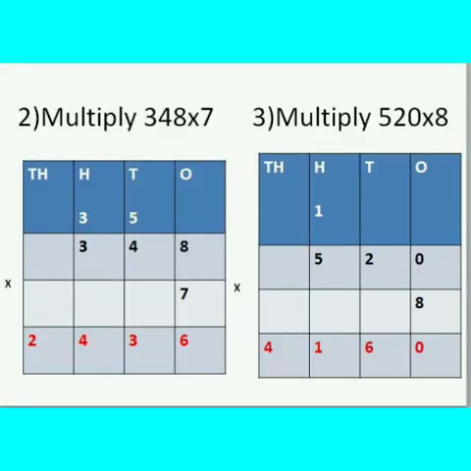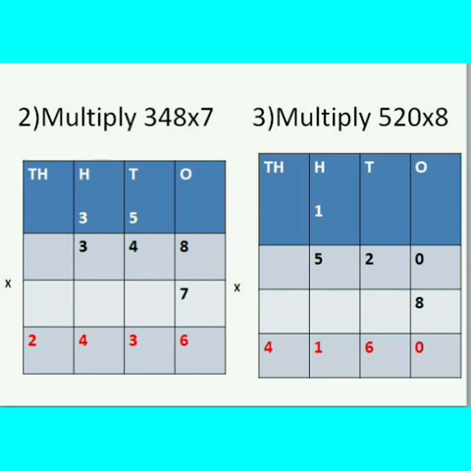So, multiply 348 by 7. When 7 is multiplied by 8, we will get 56. So, write 6 in ones column and carry 5 in tens. Next, 7 into 4 equal to 28. Then add this 28 with 5, we will get 33.